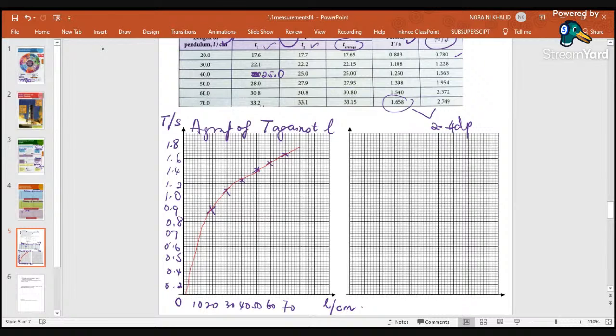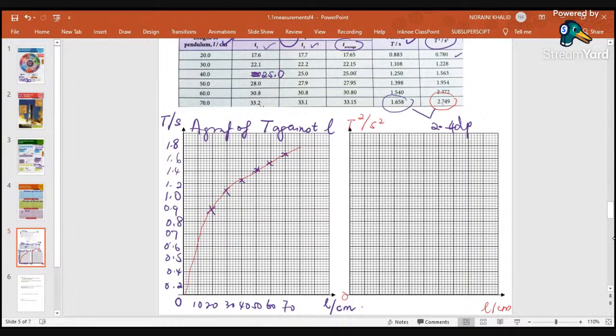Next you want to draw T squared against L. You can start from 0. Look at T squared, the biggest value is 2.749, let's say about 3.